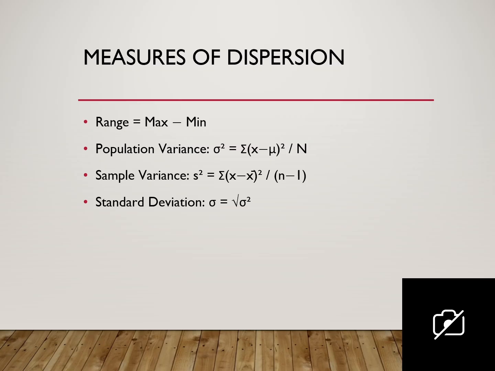Standard deviation is simply the square root of variance. It means sigma equals the square root of variance. Higher standard deviation indicates greater variability in the dataset. That is, how far the data varies from the central value or the measured value that you have taken.